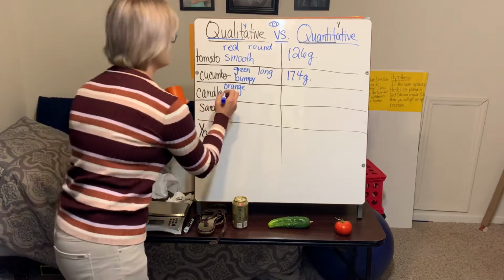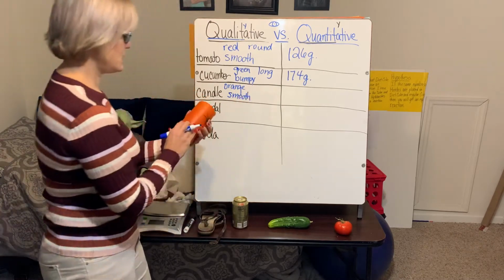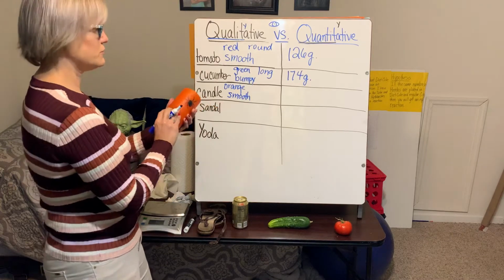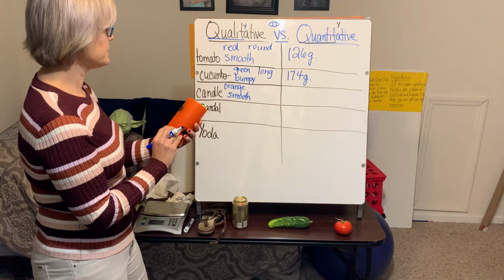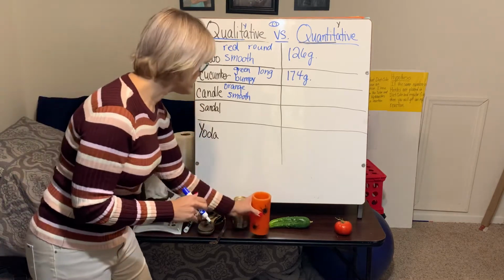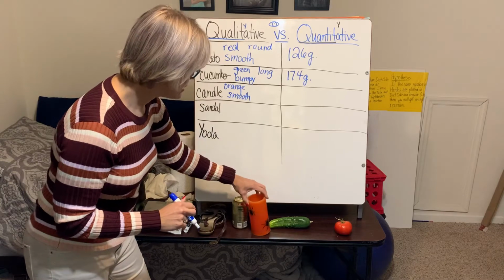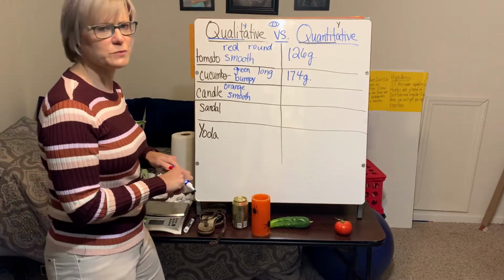It's smooth. I could say it's smooth. And it is decorative, but I don't know if I want to use that as a qualitative. I was going to put Halloween. It has black spiders on it. All right, I'm just going to go with orange and smooth.